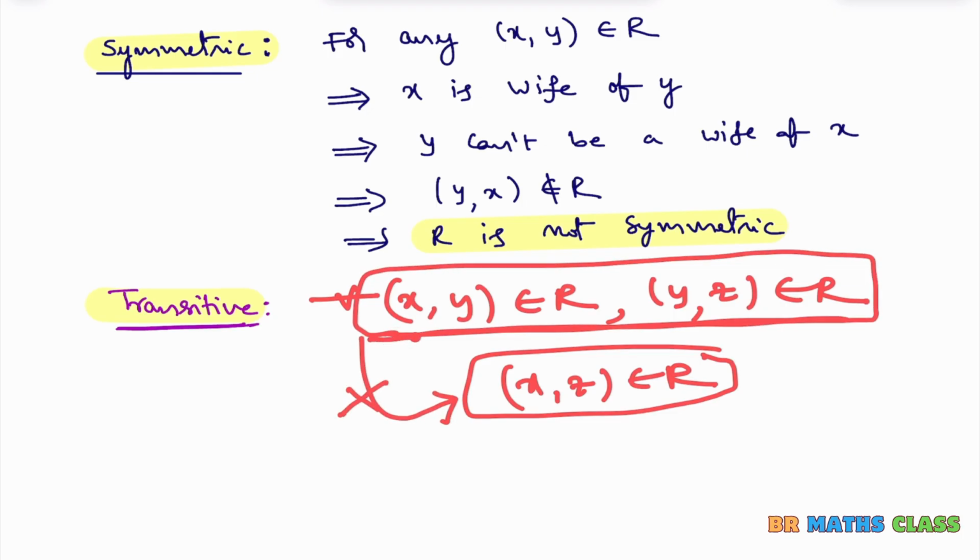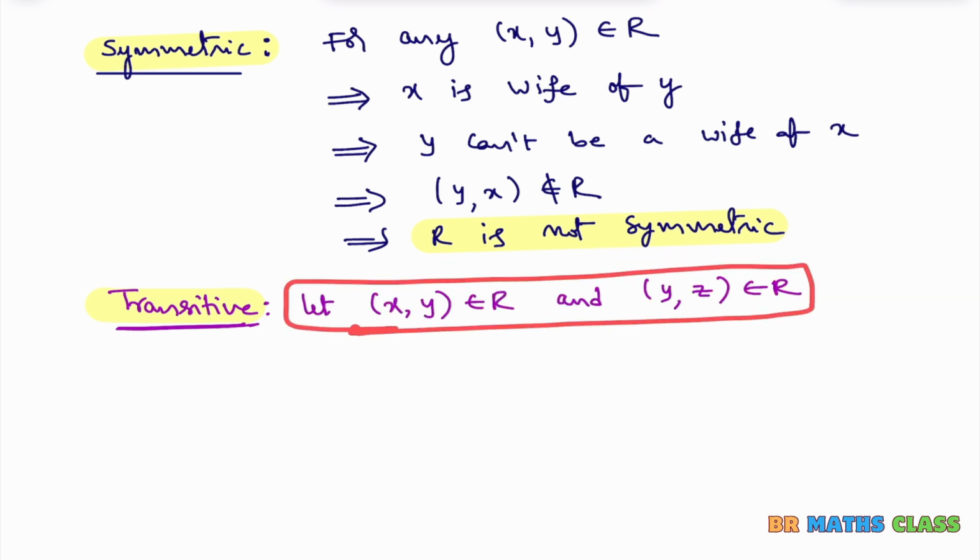We directly say that the relation is transitive, which we already discussed in earlier problems and in the theory part also. If x comma y and y comma z exist, then we look for x comma z. If they don't exist, then we don't look for x comma z. We directly say the relation is transitive.